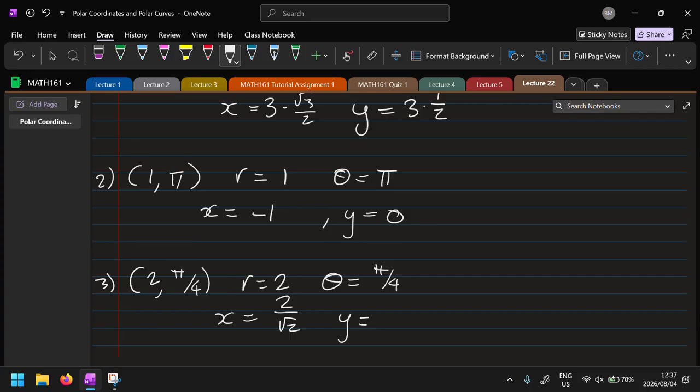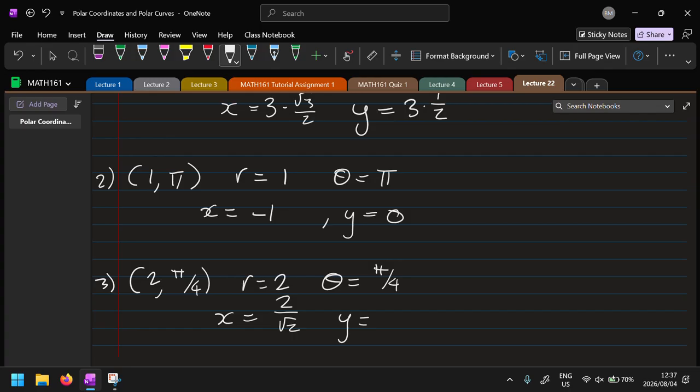So sine pi over 4. Yeah, you can simplify it. You can times top and bottom by root 2 if you want.